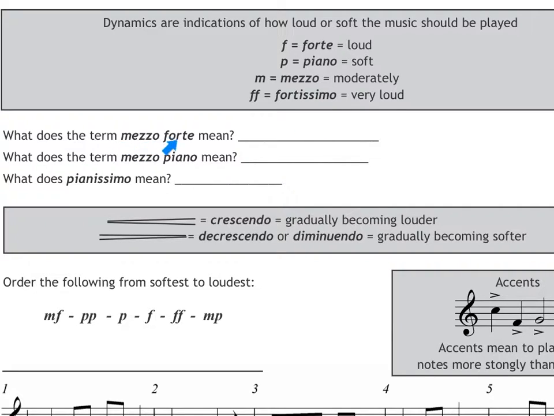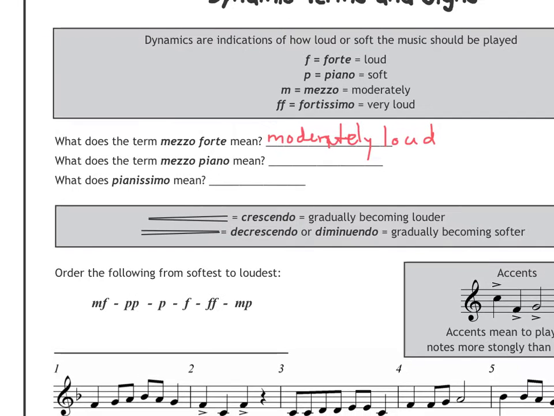You can literally just write that answer here. By the same token, mezzo piano means medium soft. Exactly, so you'd write that in here.